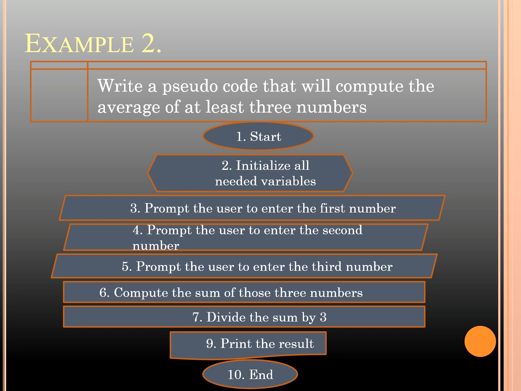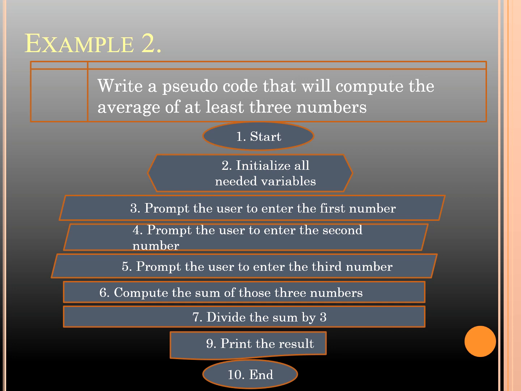The third step is to prompt the user to enter the first number. For the fourth step, prompt the user to enter the second number. And for the fifth step, prompt the user to enter the third number. As stated in the instruction, it says at least three numbers. That's why we have the prompting of the three numbers.